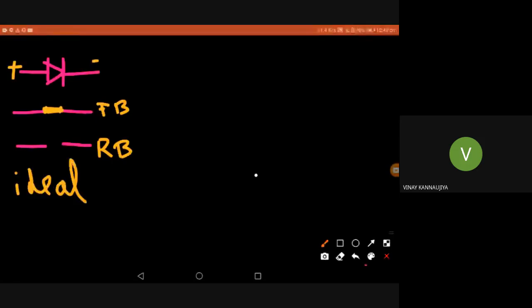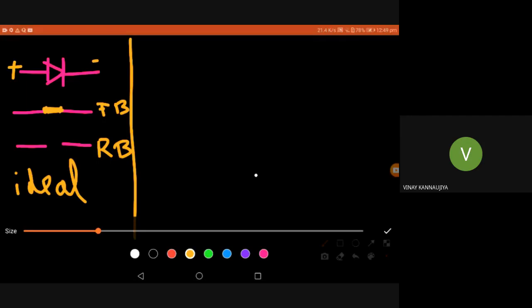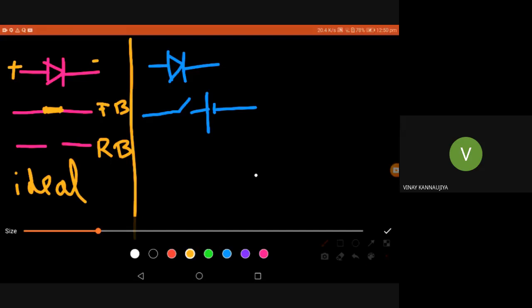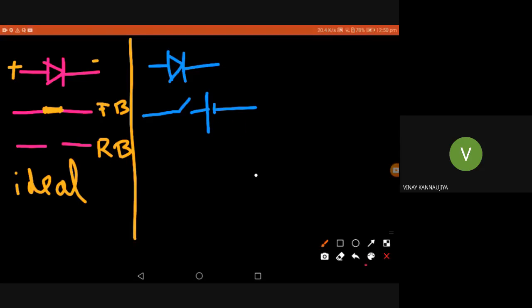Now coming to a bit more practical or real scenario. I need a more practical aspect because I am going to design practical things. In forward bias, the switch is on, and there is a small voltage drop across the diode, 0.7 volts.